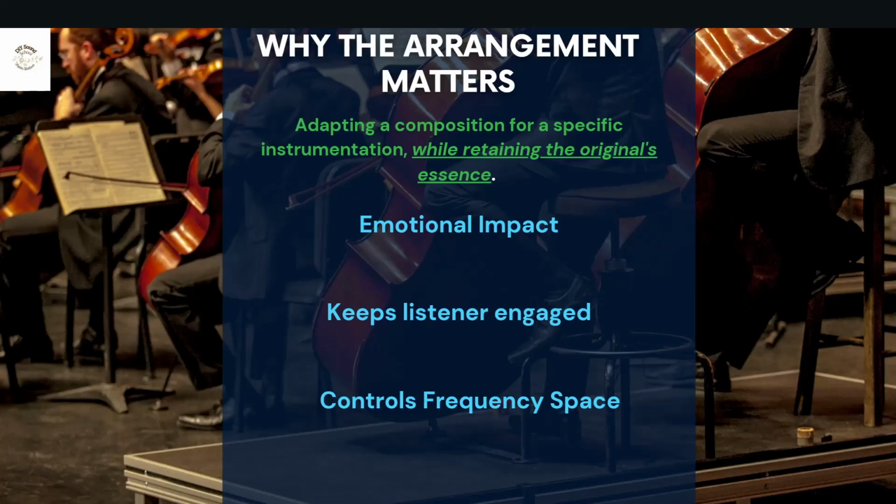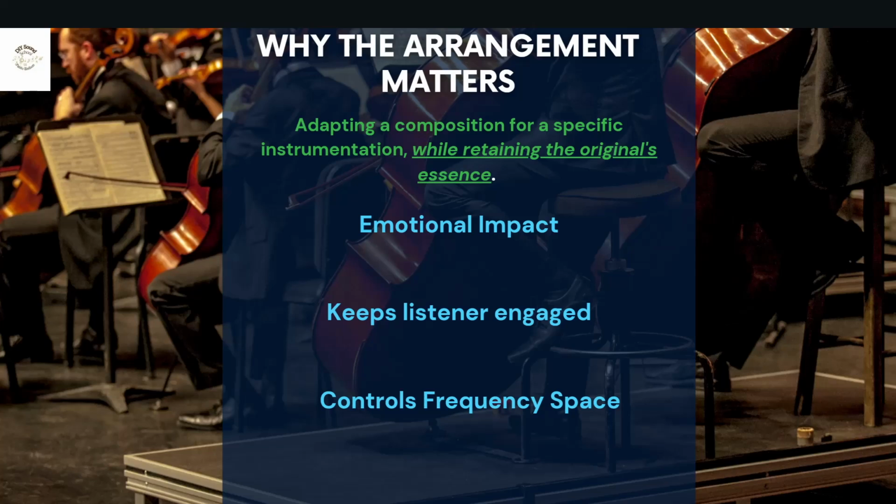So there are three aspects that I want to take into account when we're talking about arrangement. The first one is the emotional impact. This means that we should be able to arrange the instrumentation in the piece of music to create that emotional impact.